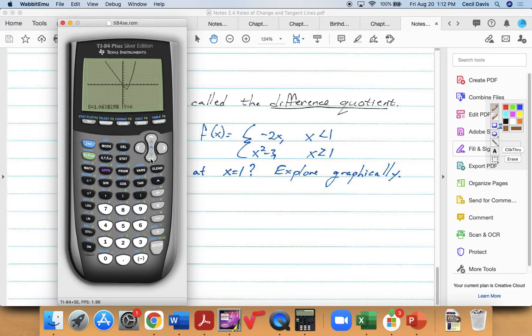I'll get close to 1 and close to negative 2. This is what that looks like at this point. And I could spend all day long zooming in, and that's never going to look like a nice, smooth curve there. So there's not a tangent there.